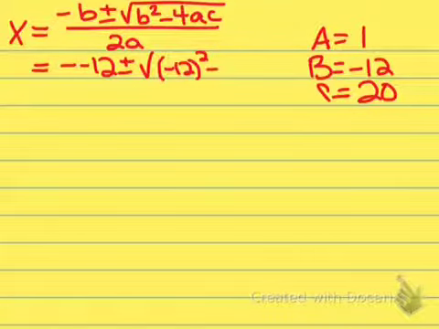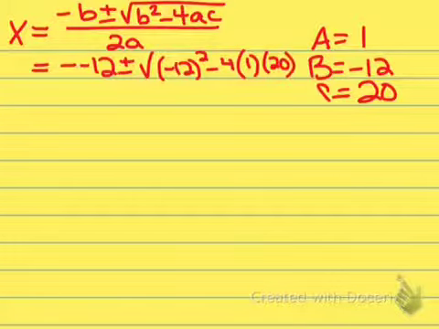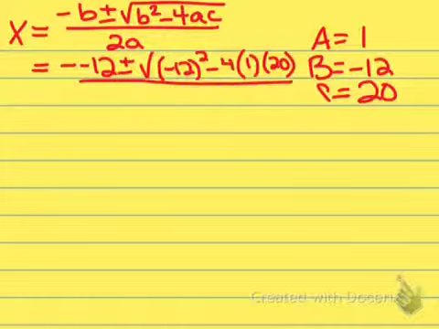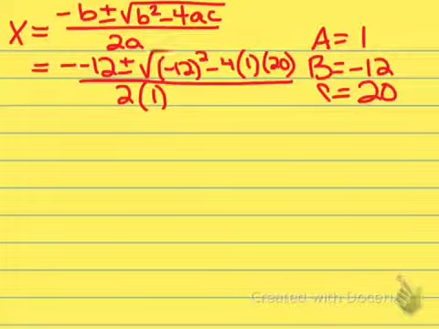Okay? So minus 4, a is 1, and c is 20. All over, so I'm going to draw my division bar, 2 times a is 1. So I just took all of the letters and replaced the letters with the numbers. And I need to put that on top too.